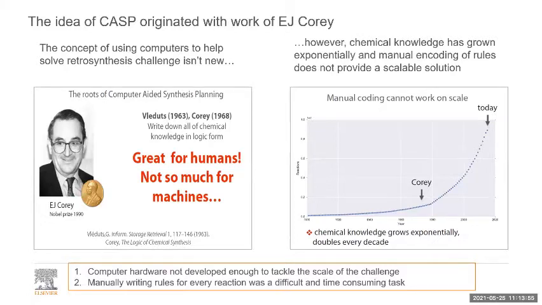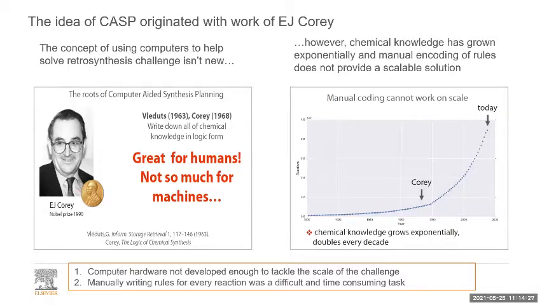And that is due to two fundamental problems which have frustrated the dream. First, the computing hardware simply could not tackle the scale of the challenge. And it is really a huge challenge. And the second is actually a bit more severe. It is providing the machine with an exhaustively human-curated list of the reactions that can enable a desired chemical transformation.